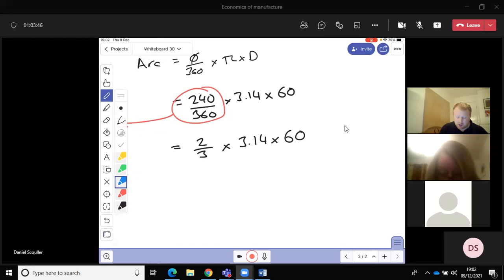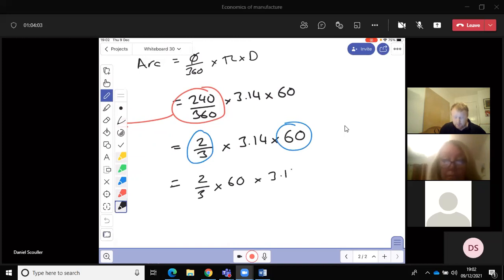Essentially what you do here is multiply these together and then leave the 3.14 to the end. That's a wee bit more digestible, because 2 divided by 3 multiplied by 60 multiplied by 3.14 is just a change of order, since they're all multiplying together.